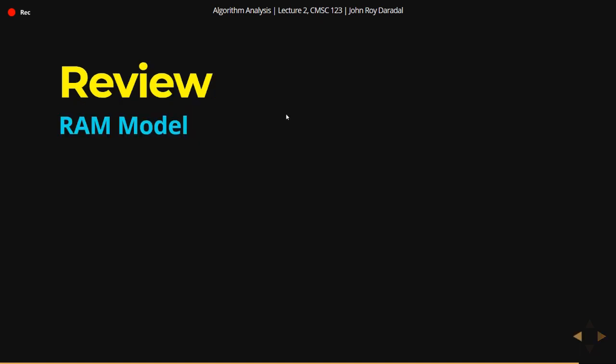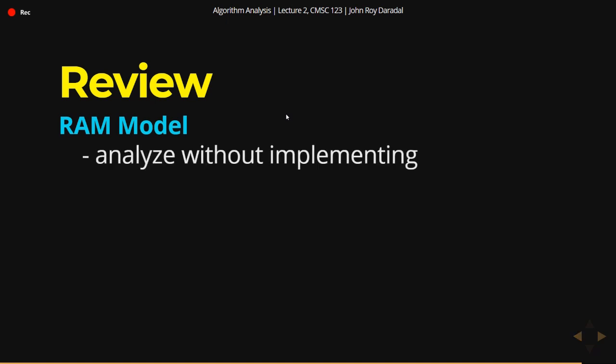Okay, so that's it. So to review, we talked about the RAM model, which we use to analyze algorithms without actually implementing them. And even if they have a lot of unrealistic simplifications, we still use them because the behavior of the algorithm in the RAM model still applies to real life.